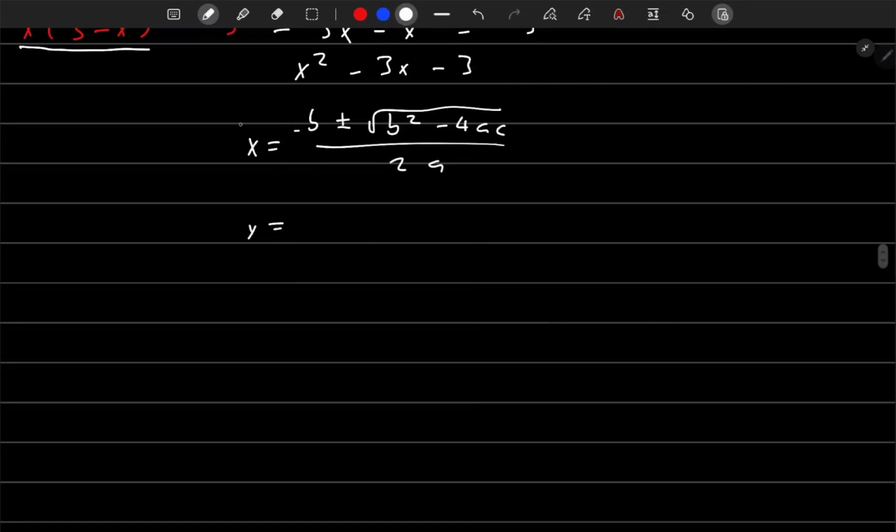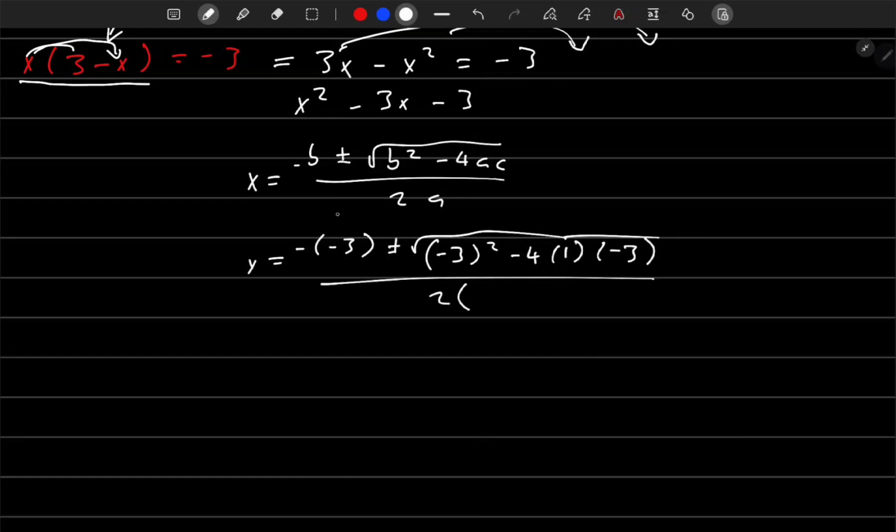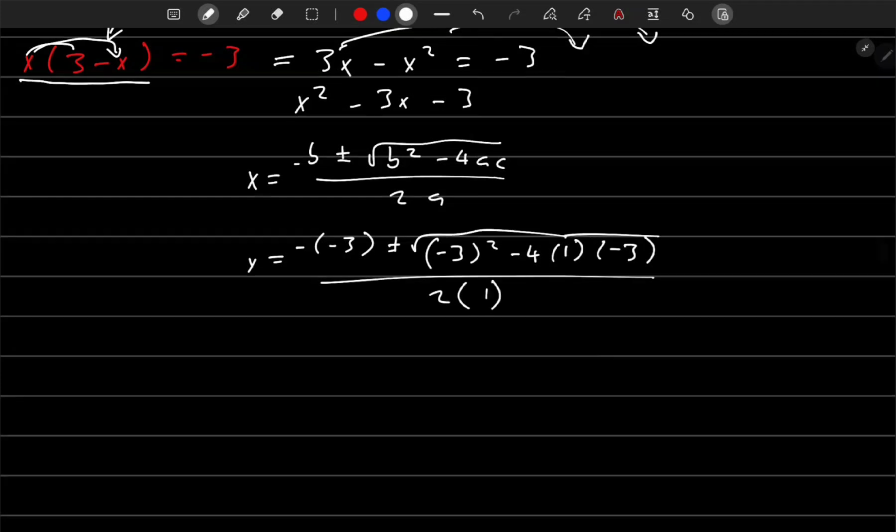So x is equal to, the value of our b is negative 3, so we say negative negative 3 plus or minus the root of, b is negative 3, we say squared, minus 4, a is 1, and c is minus 3, all over 2a. The value of a is 1.